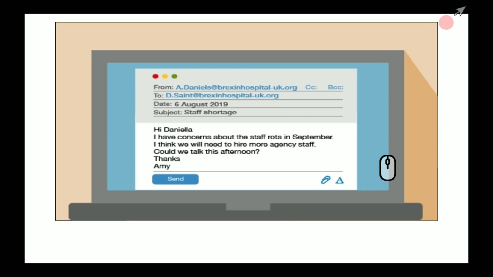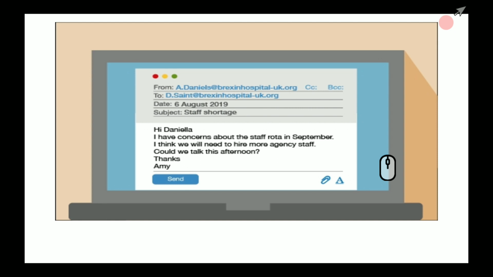I'll give you some examples of emails. You can see the email, how it is written, and you can also find in many of the sites how to write email samples. Okay, this is a very simple email.